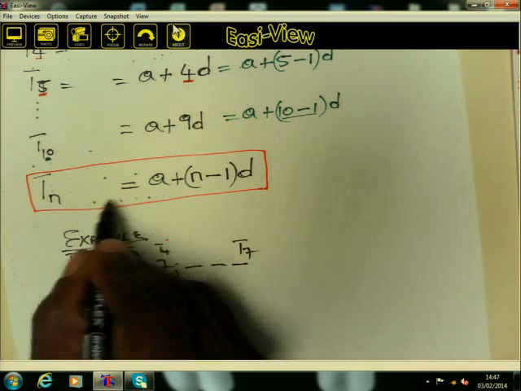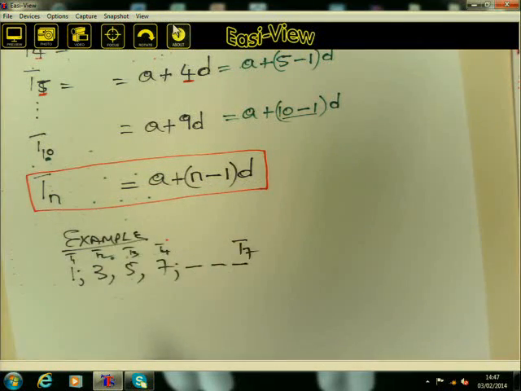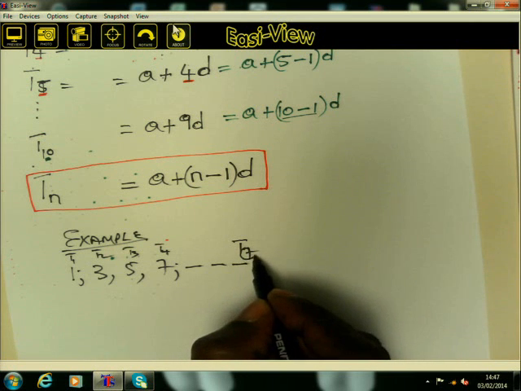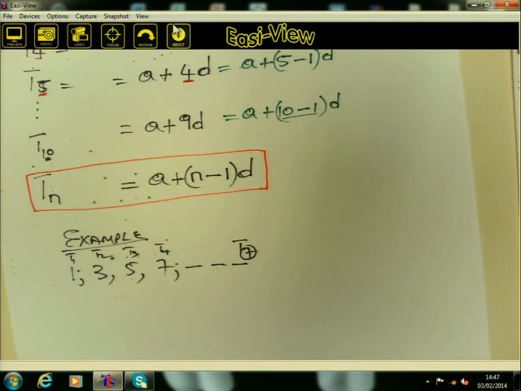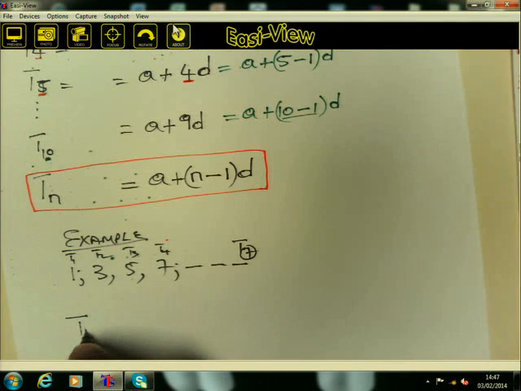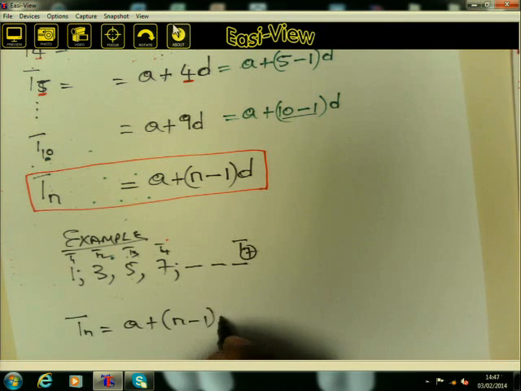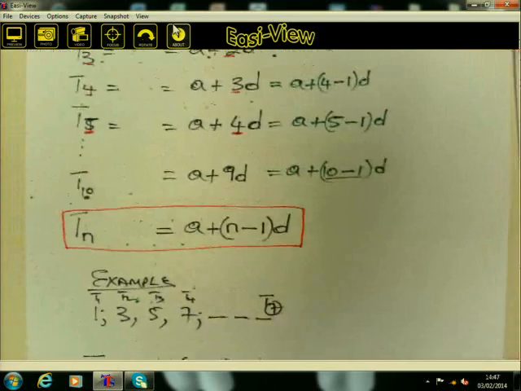So our formula, our general term, is there. Now the position is the 7th position. So to our formula, we take Tn given by A plus n minus 1 multiplied by the common difference D.